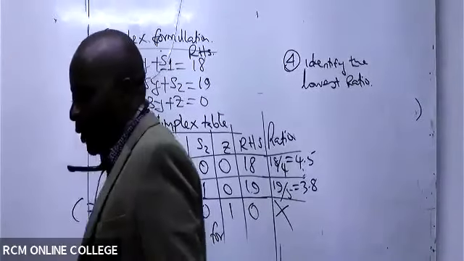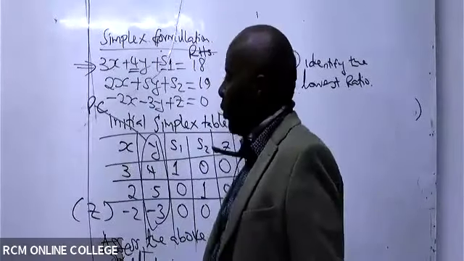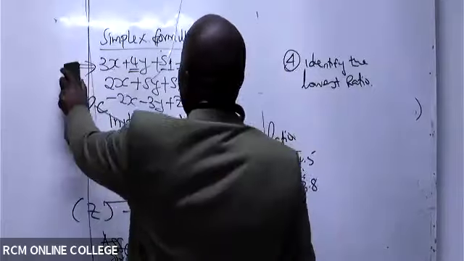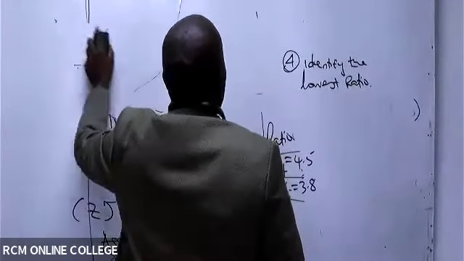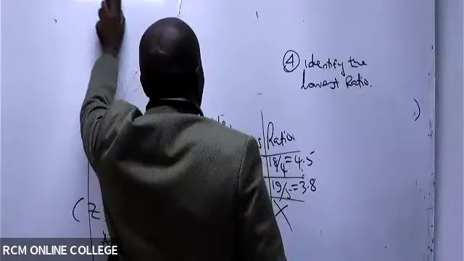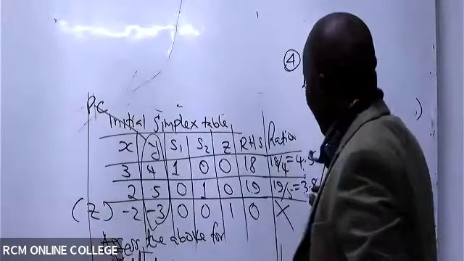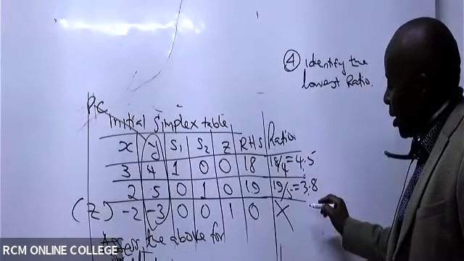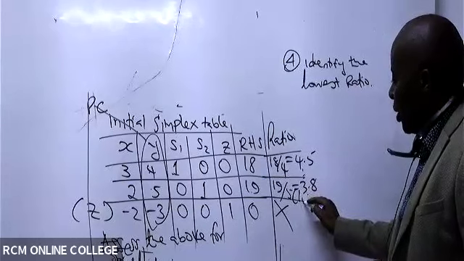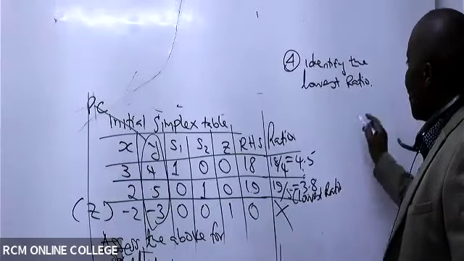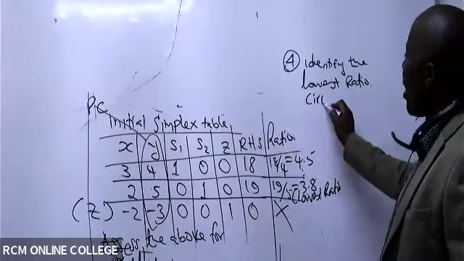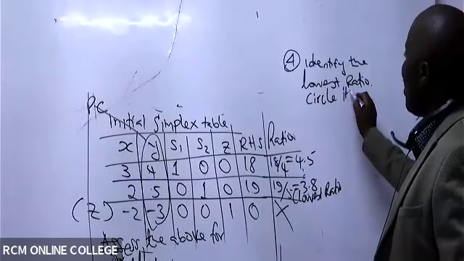Now, my good students, having done that, what will be the next step? Identify the lowest ratio, which in this case is this 3.8. 3.8 is lower, so this is the lowest ratio. Please circle its row.